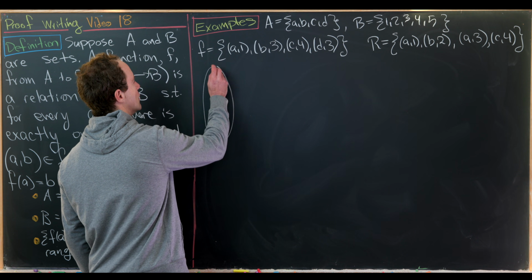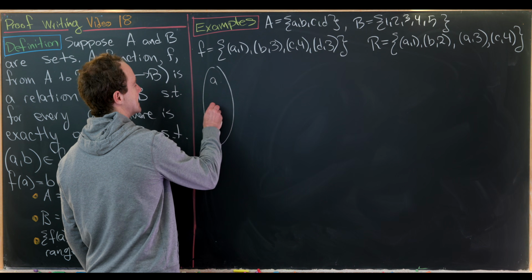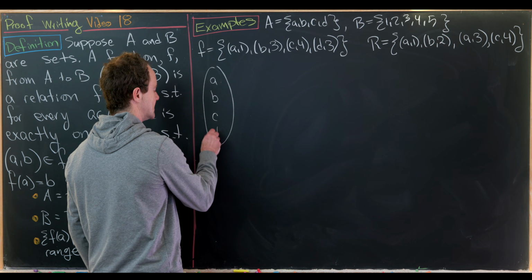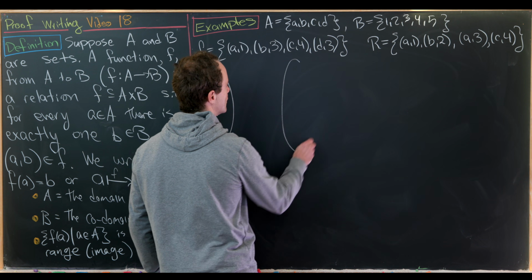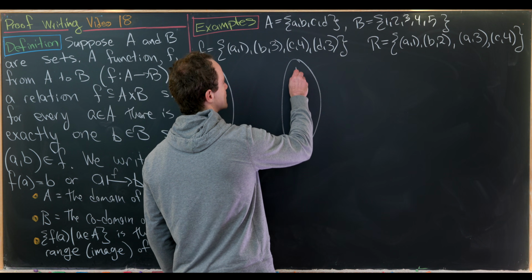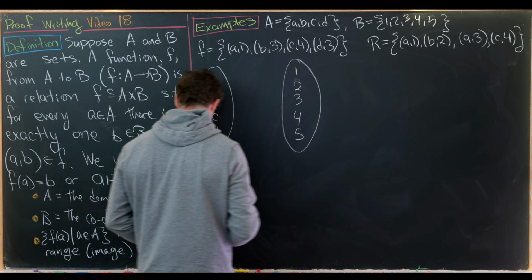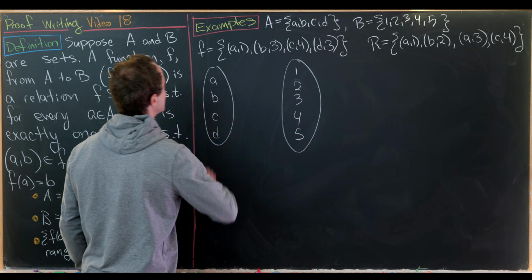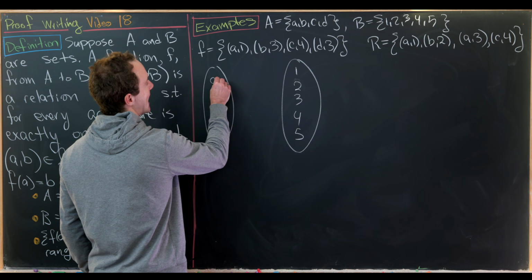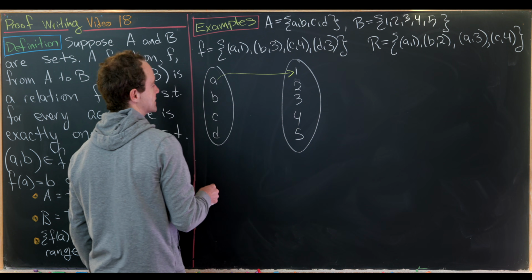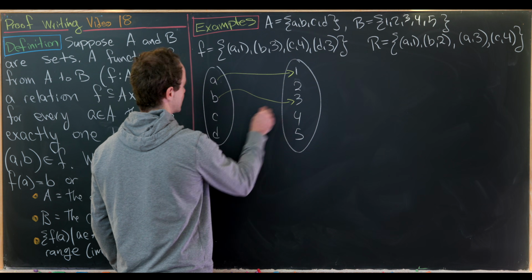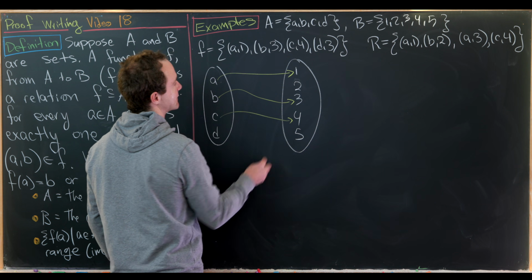We could have a bubble over here that's A, so it contains a, b, c, d. Then a bubble over here that is B, so that's 1, 2, 3, 4, 5. And then we'll notate this as arrows. So a gets mapped to 1, so there's our arrow. b gets mapped to 3. c gets mapped to 4.